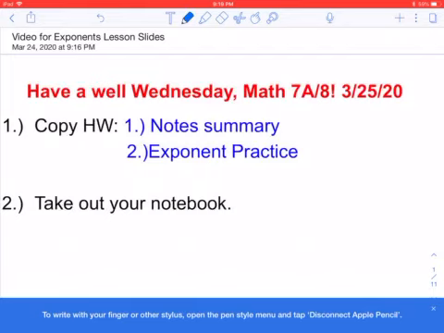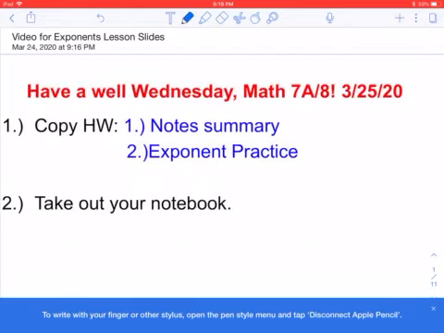All right, so today, Wednesday, for everybody in Math 7A and Math 8, you guys are getting the same assignment, and today is the 25th. So I'm going to give you two little things to do. Remember, we're not going to have another mini lesson this week because our days are Mondays and Wednesdays. So this is the only one this week.